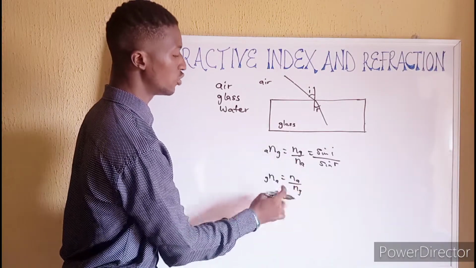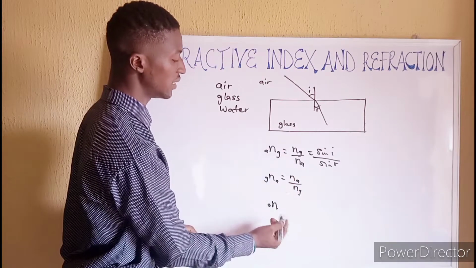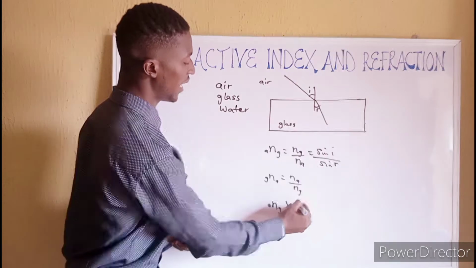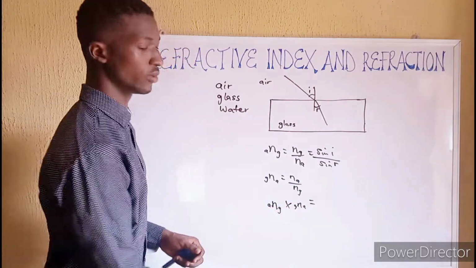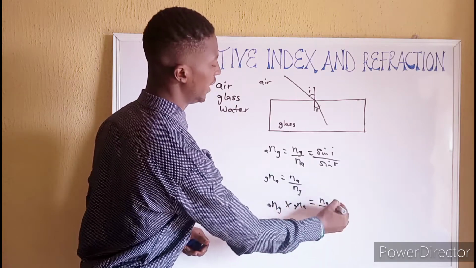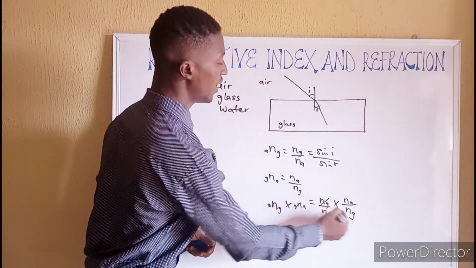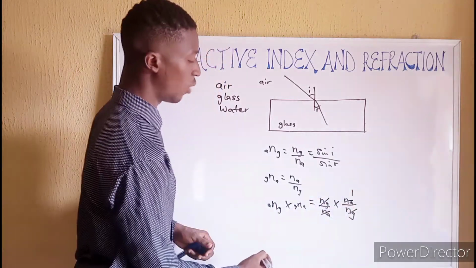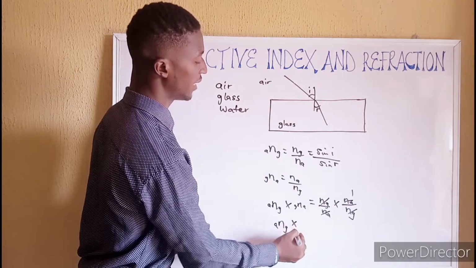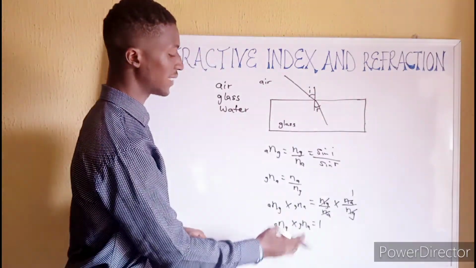When you take the product of these two, we have air to glass times glass to air, which is equal to the refractive index of glass over the refractive index of air, times the refractive index of air over the refractive index of glass. When you cancel this out, the product here is 1, meaning that the refractive index of the first medium to the second medium times the refractive index of the second medium to the first medium is equal to 1. That is air to glass and glass to air.